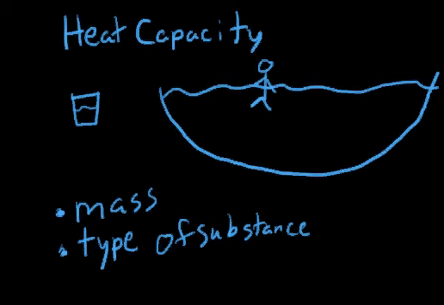Sometimes we want to take mass out of this equation, though. Sometimes we don't care about the mass because, for instance, a glass of water and a lake of water both contain water. And so sometimes we just want to compare water to water, and both of them have the same capacity for absorbing heat if you compared the same amount of lake water to the same amount of glass of water. And so sometimes we want to get rid of this idea of mass, and when we do, we're going to talk about specific heat capacity.